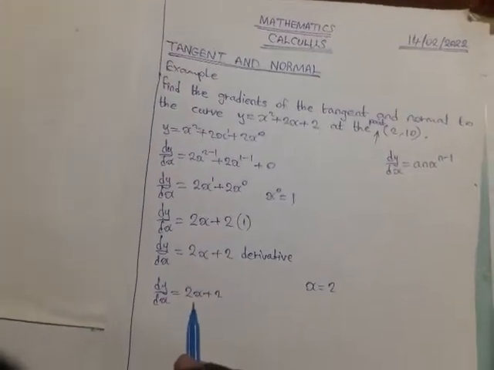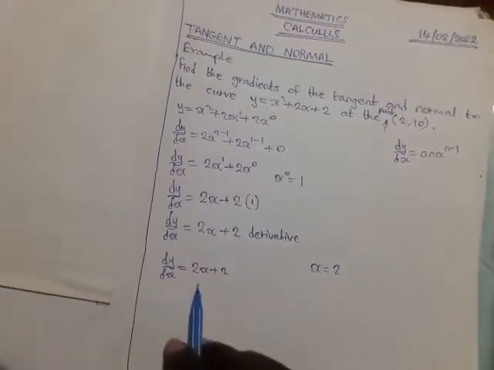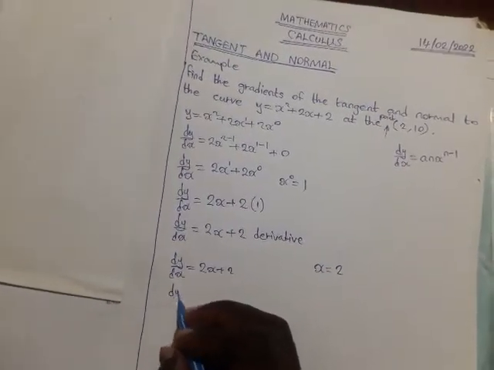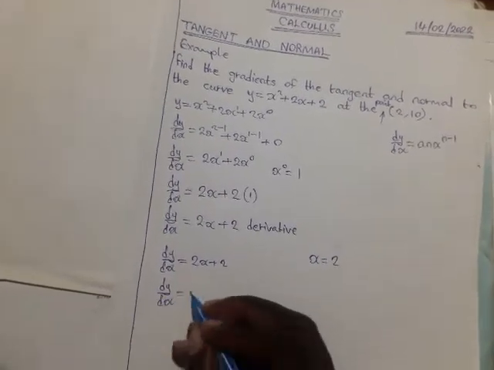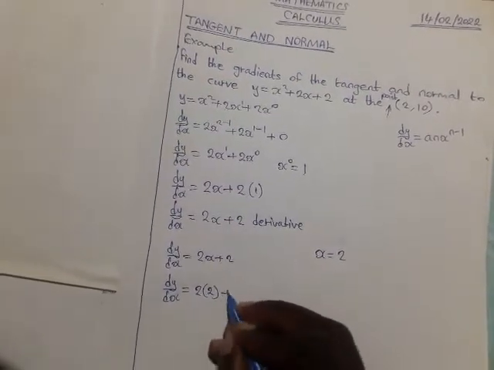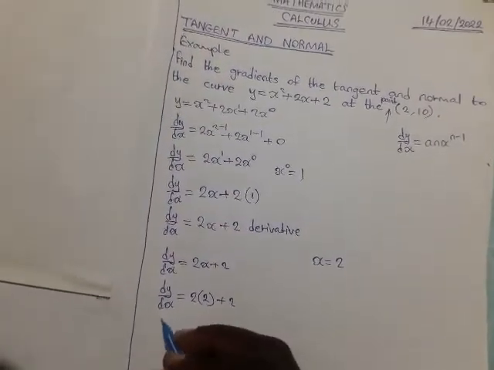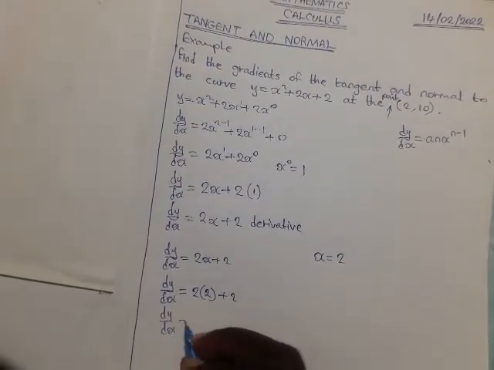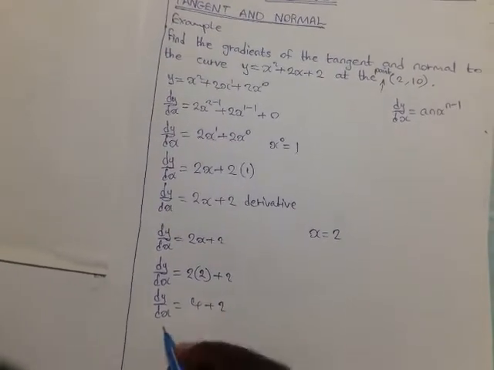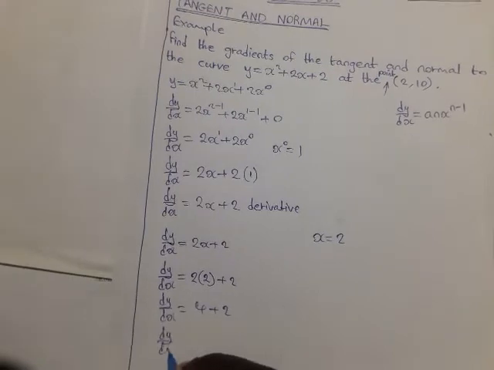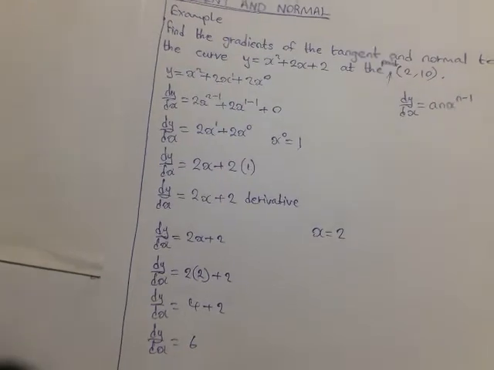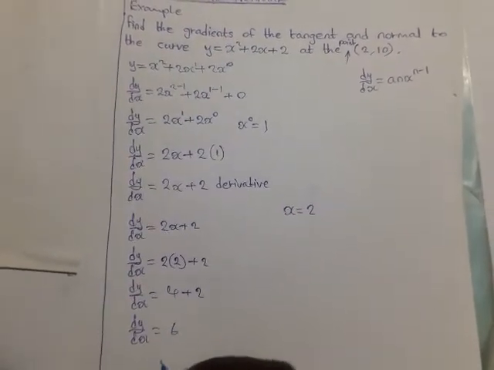In this derivative, where there is x, you have to replace with 2, so that it becomes dy over dx equal to 2, open bracket, 2, close bracket, plus 2. So dy over dx equal to 2 times 2, it's 4, plus 2. dy over dx equal to 6. So this is the gradient.